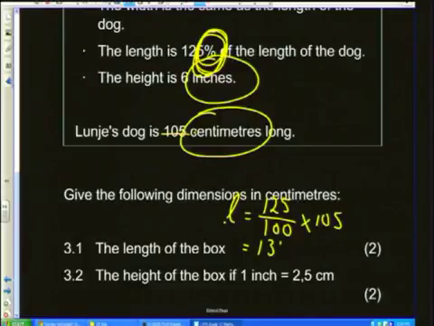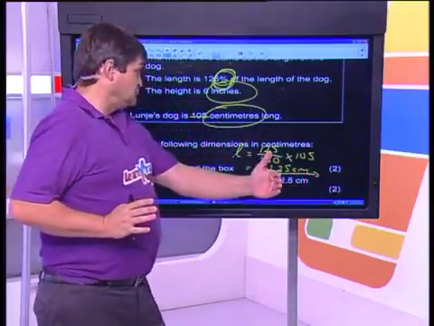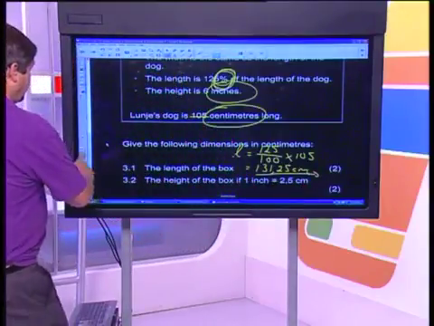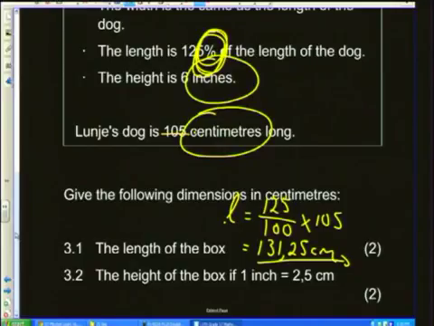So 131,25 what? Centimeters. So that's the length of the box. So our dog's 105 centimeters. The box is 131,25 centimeters.